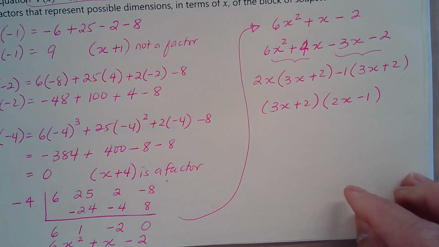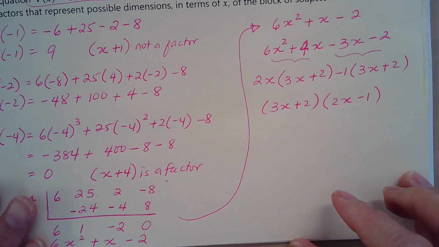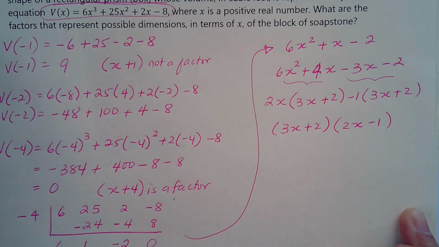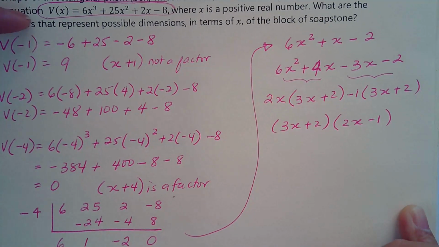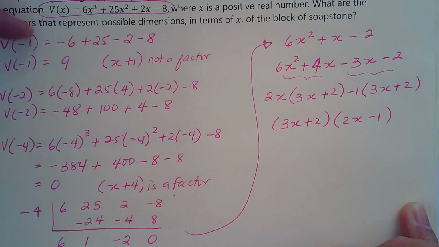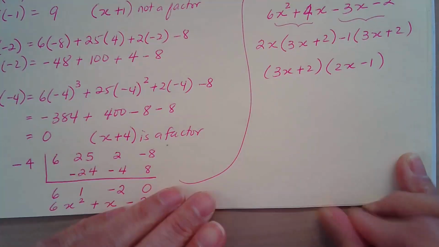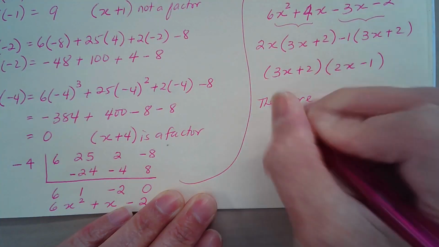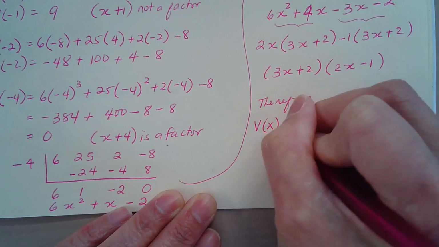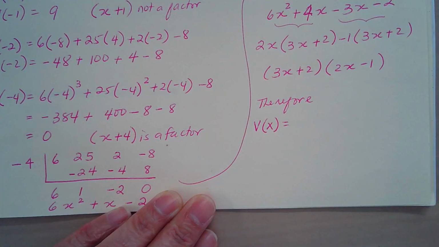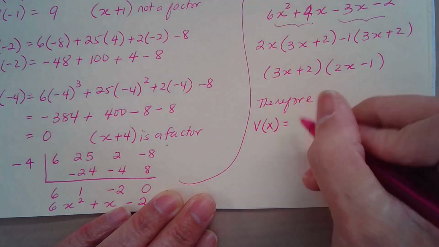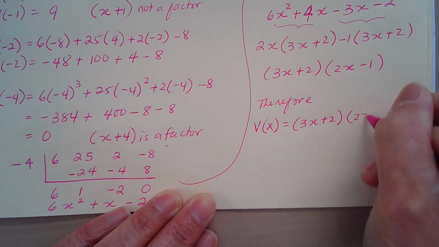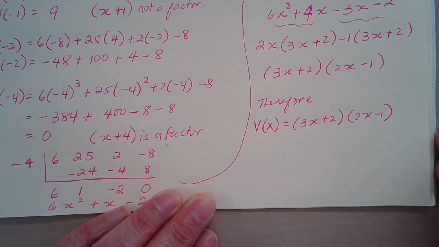Well, we want to know the possible factors. So what are the possible factors for the dimensions? Therefore v of x is equal to 3x plus 2 times 2x minus 1.